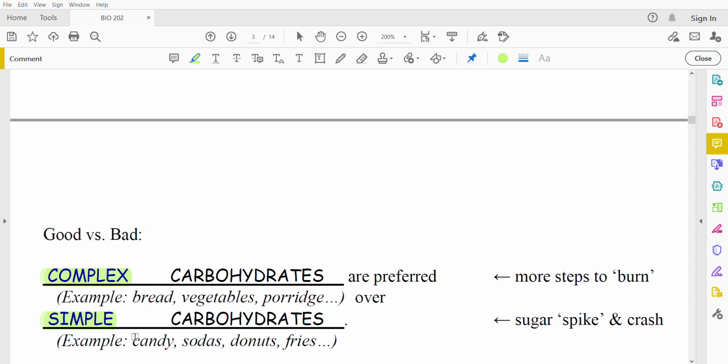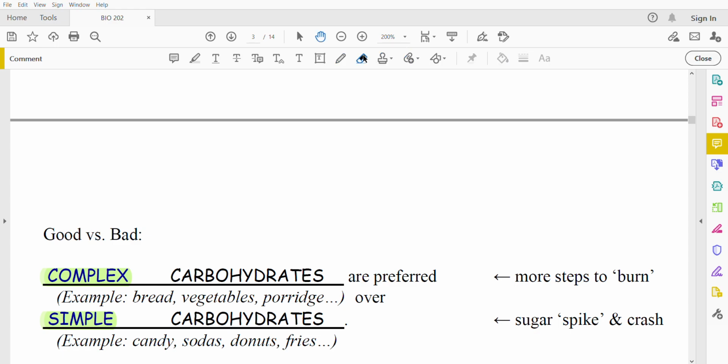Things like candy, sodas, donuts, fries, all these kinds of things that we often think of as not being as good for us. Whereas the complex carbs, breads, vegetables, especially multigrain bread, porridge, things like that, are considered complex carbs and considered a preferred option of what kind of carbs to consume.